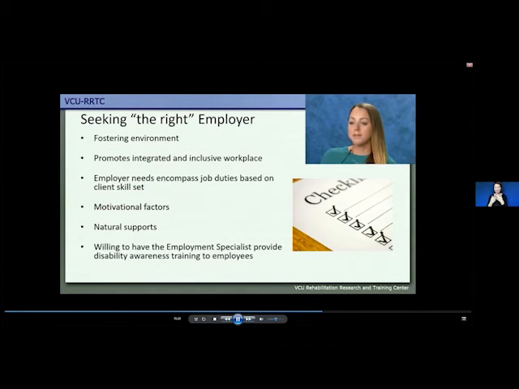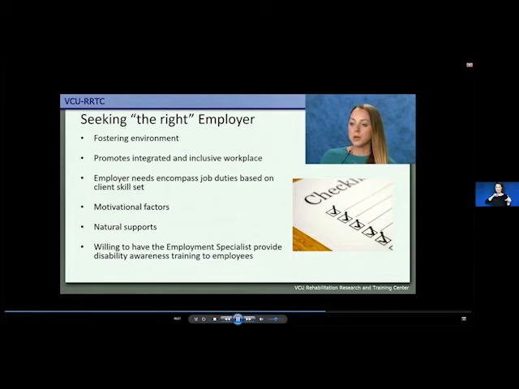Really identifying fostering environments, individuals that are willing to understand the supported employment process, working with an employment specialist or job coach to promote the independence of that client, providing an integrated work setting, an inclusive work setting that promotes that individual being connected with all different types of employees and really being a part of that business and taking ownership of that person being their employee.